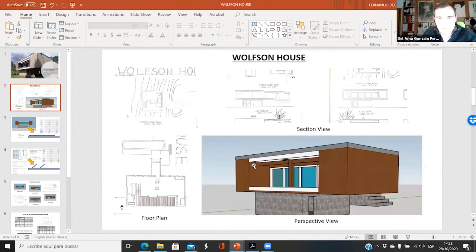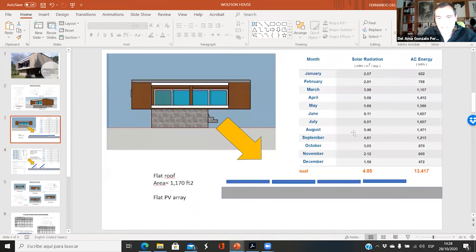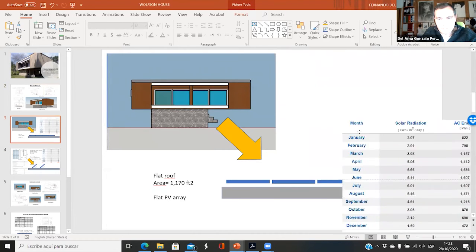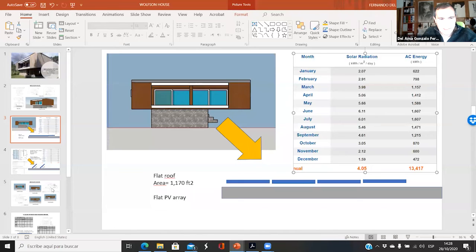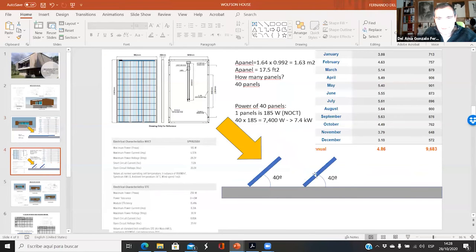So we have two options. We have the flat roof, and this is the yield of a flat roof with more panels. Okay. And this is the yield of a flat roof with an open rack and fewer panels.